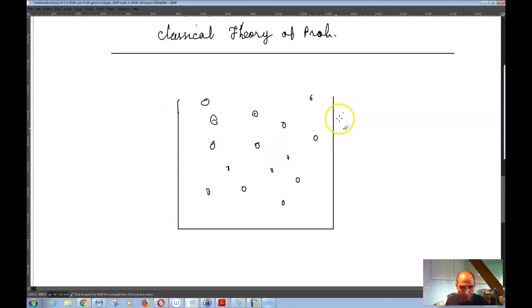Suppose there are 200 red balls here, 500 yellow balls here, and 1,800 purple balls in here, and so on and so forth. Now all of these are mixed together, right?